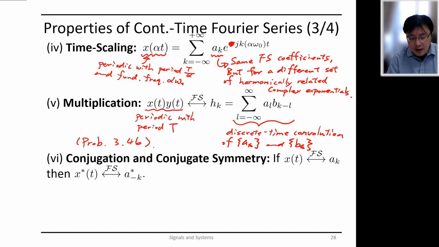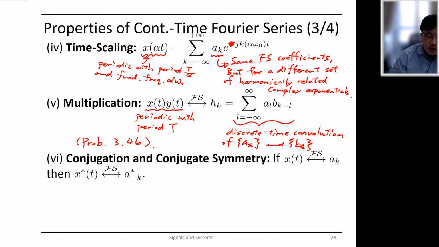This means that if you have a signal that is equal to a complex conjugate in the time domain, then the Fourier series coefficient will be so-called conjugate symmetric. It is symmetric after a complex conjugate.